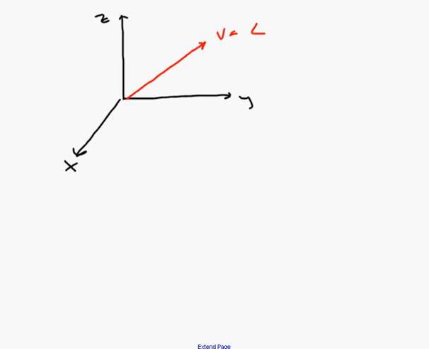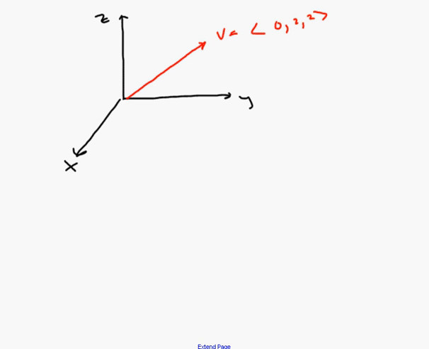So let's draw an x, y, z axis. Okay? And what I'm going to do is I'm going to put a vector on here. We'll call it vector v, and it looks like this. It is, okay, 0, 2, 2.